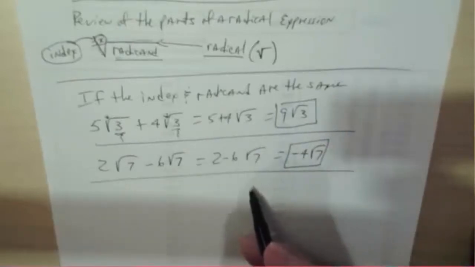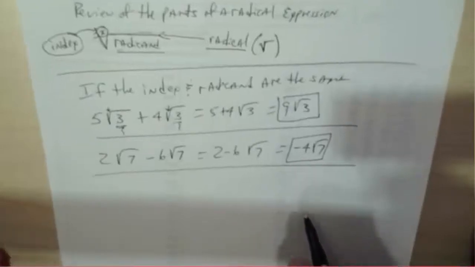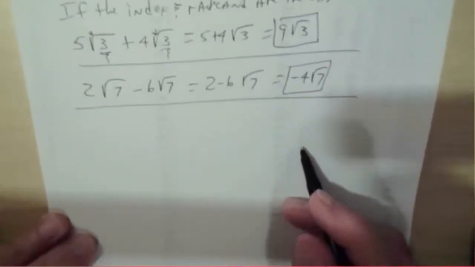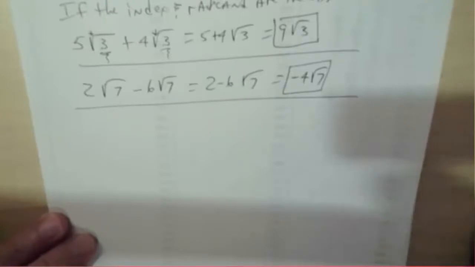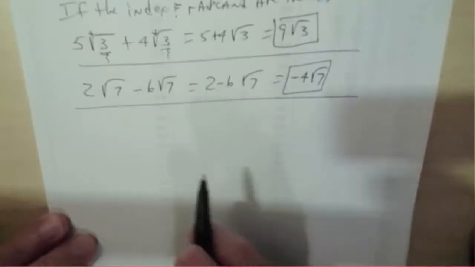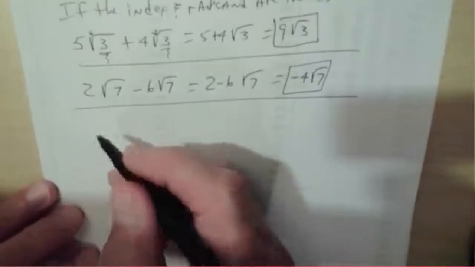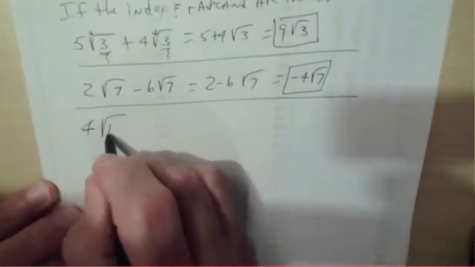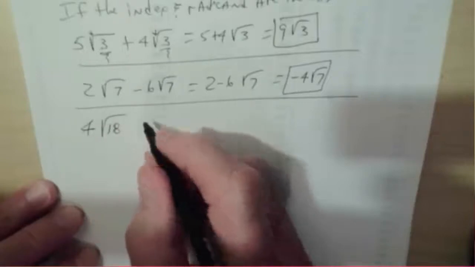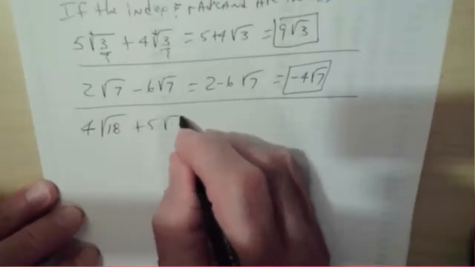Okay? Now this is more like what you're going to see on the final exam and in your algebra class, your college algebra class. If you have 4 times the square root of 18 plus 5 times the square root of 2.